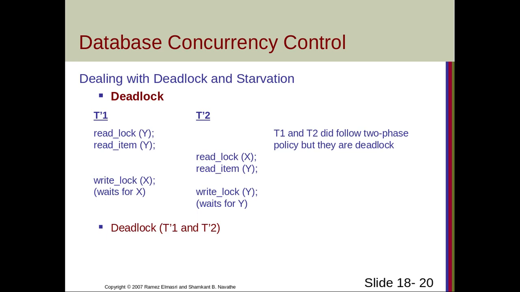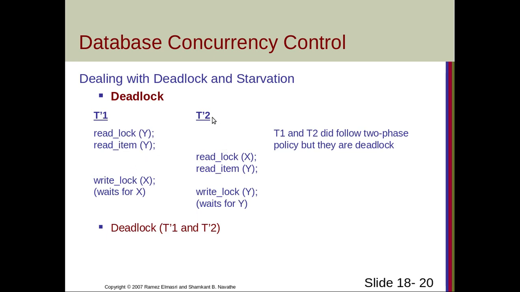See, in this case, transaction T1' has read locked Y, and T2' is waiting for the write lock on Y, but it cannot be acquired because it is read locked by T1'.